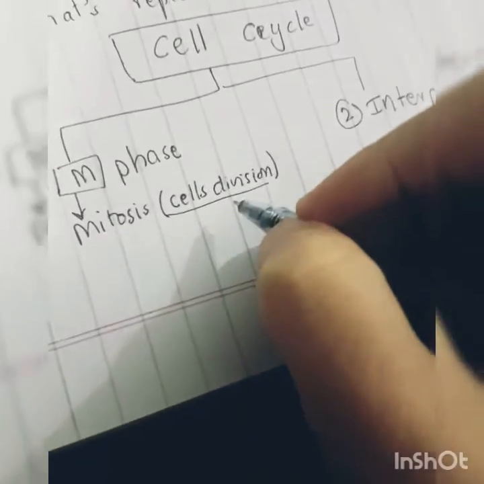Here M denotes mitosis, meaning cell division, where identical copies are formed, and the daughter cells have exactly the same number of chromosomes as the parent cells have.